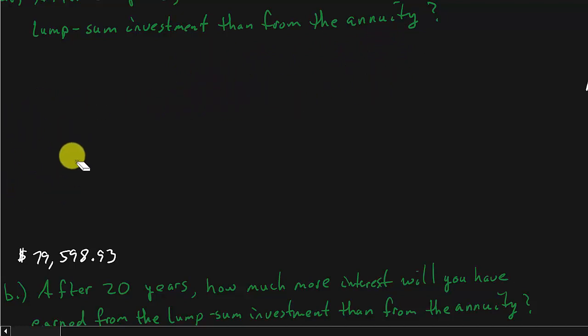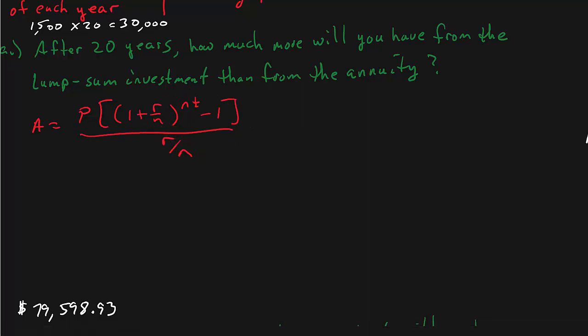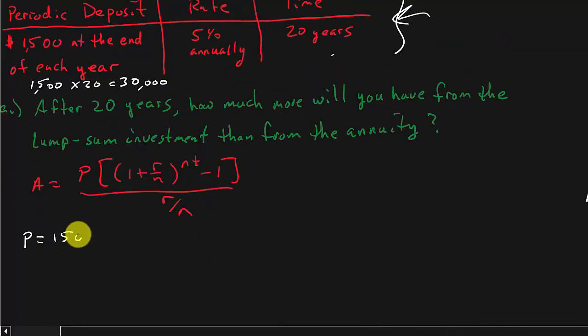Once again, remember, whenever you're doing this, you want to write the formula down. So I have A is equal to P times ((1 plus R over N) to the NT minus 1), over R over N. Here P is the payments, remember, those are $1,500. R, that's my interest, 0.05. N is 1, and T is 20.